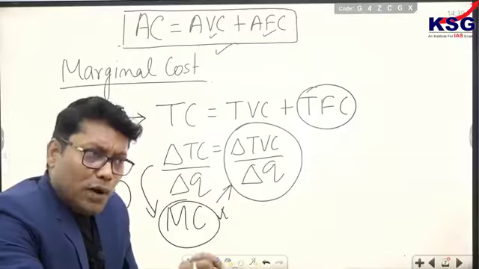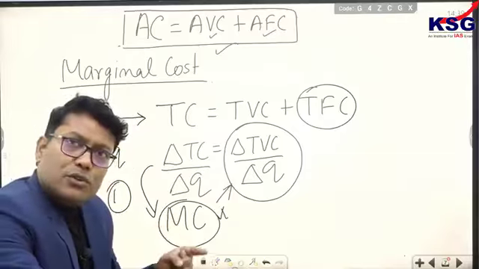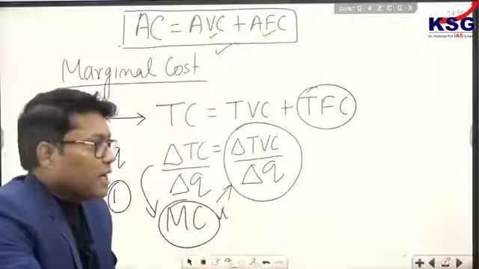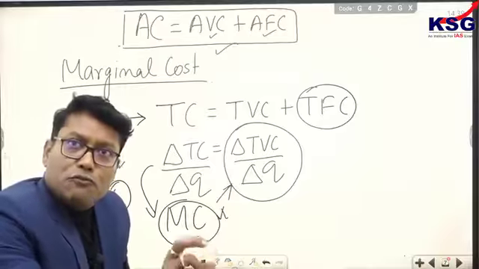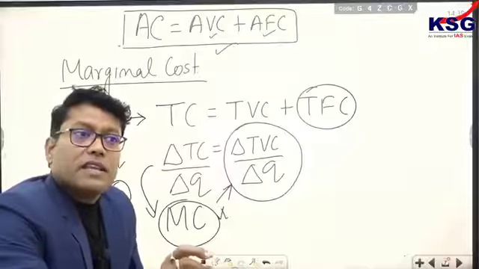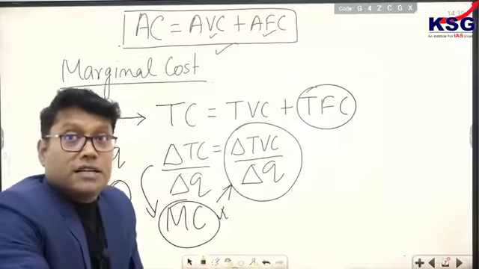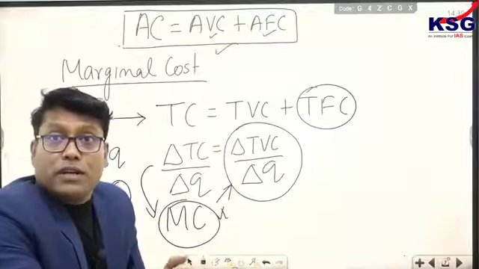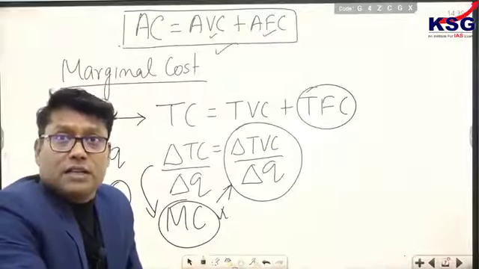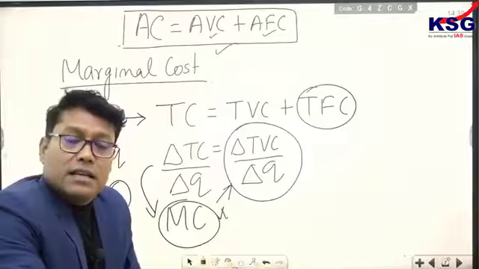So what was the problem? RBI kept requesting the banks, as far as cost of fund is concerned, to take the repo rate as the price of fund. That was the RBI's request to all banks. Why?